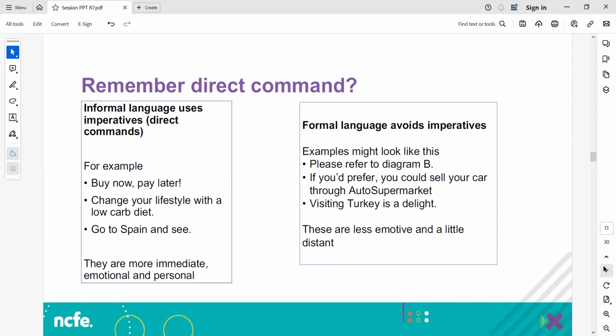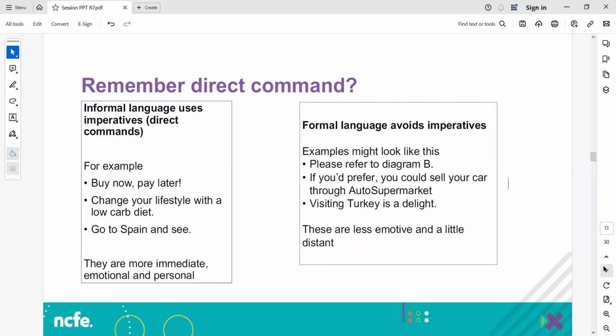So each of those examples starts with that imperative verb. So it's more immediate, emotional, and personal. It's engaging the reader and aiming for them to act on what you are telling them.